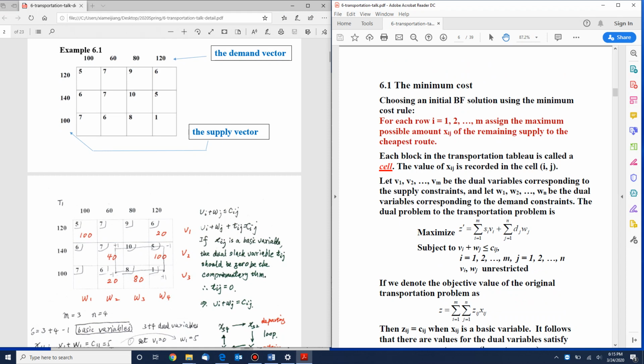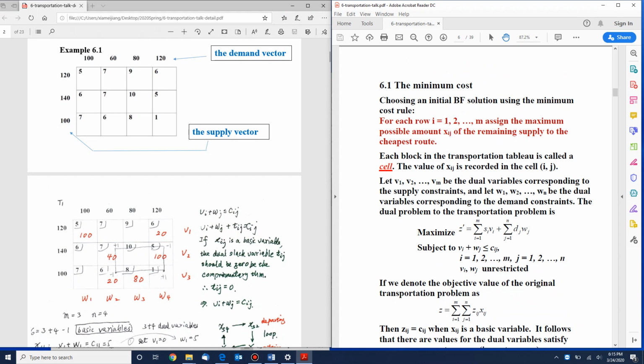This forms a tableau. Now we need to fill the initial basic feasible solution into it. How may we put the basic feasible solution into this?